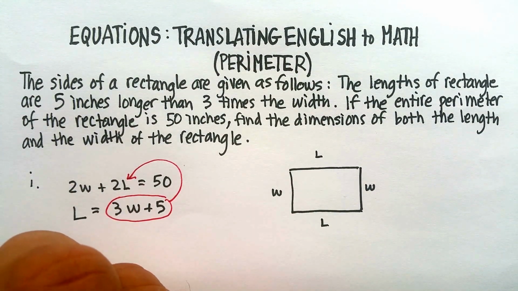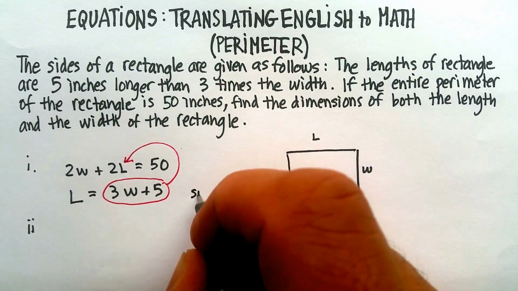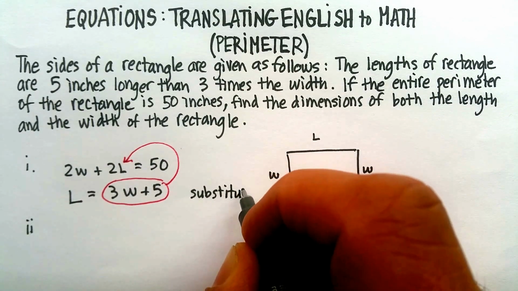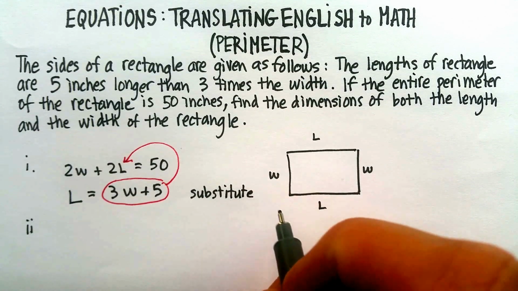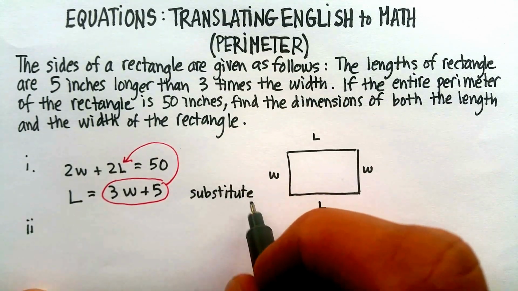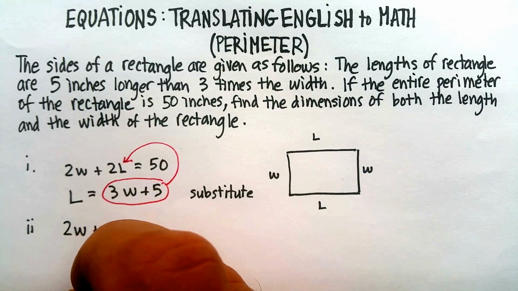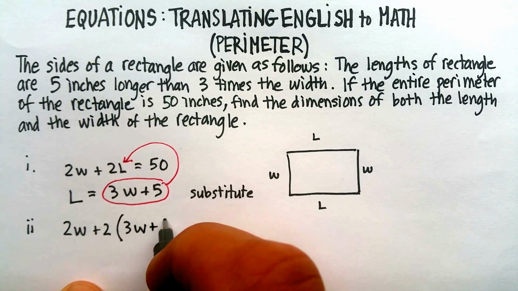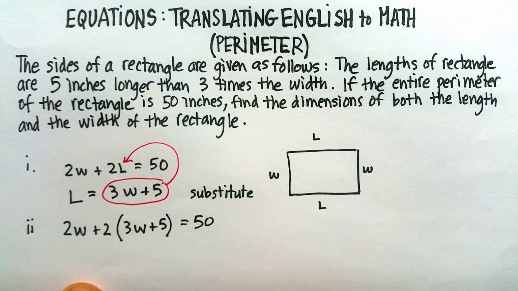My second set of equations now is with the rewritten substitution. This is actually called a substitution, right? And most of the time with these kinds of problems, you can substitute. So I'm going to say 2W plus 2 times 3W plus 5 is equal to 50.